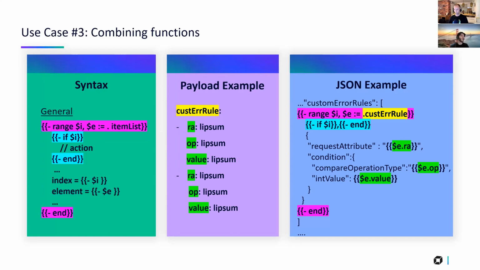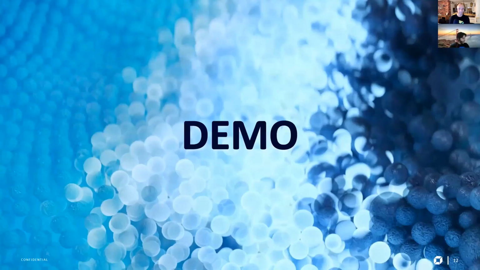So what Monaco allows for is these ranges and these ifs. And then obviously, if you're programming in Go yourselves, you may be familiar with the Go templating use cases as well. So for now, we'll just keep it at these functions. Okay. Cool. I think the next thing is actually the demo. Yeah.